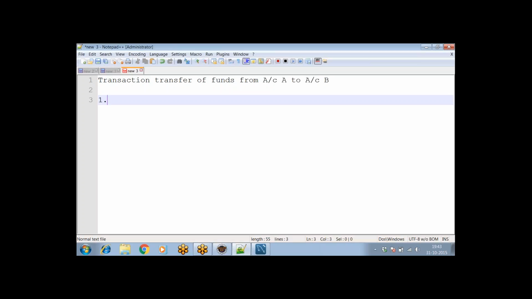So to transfer the funds from account A to account B, what are the DB operations which are involved here?